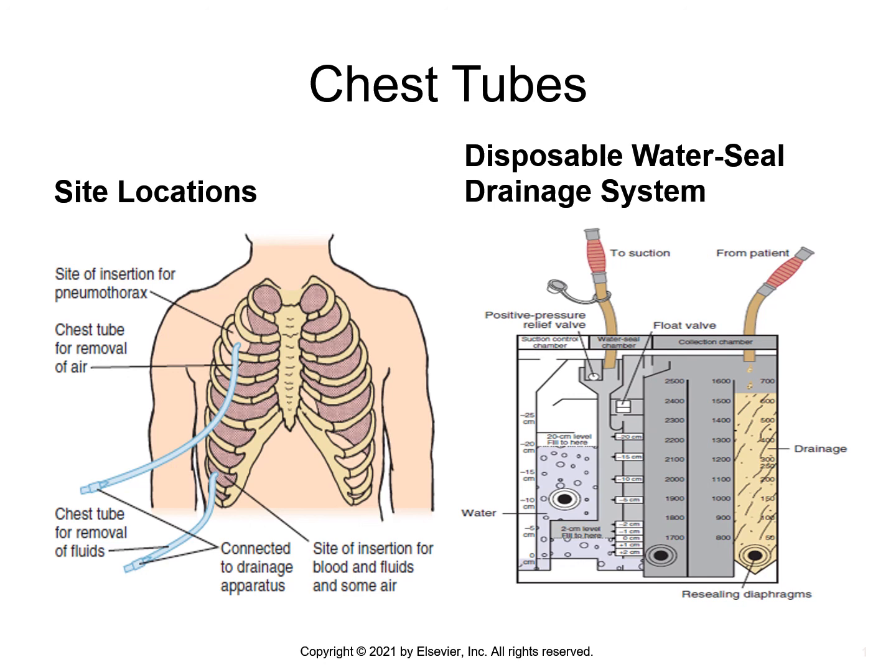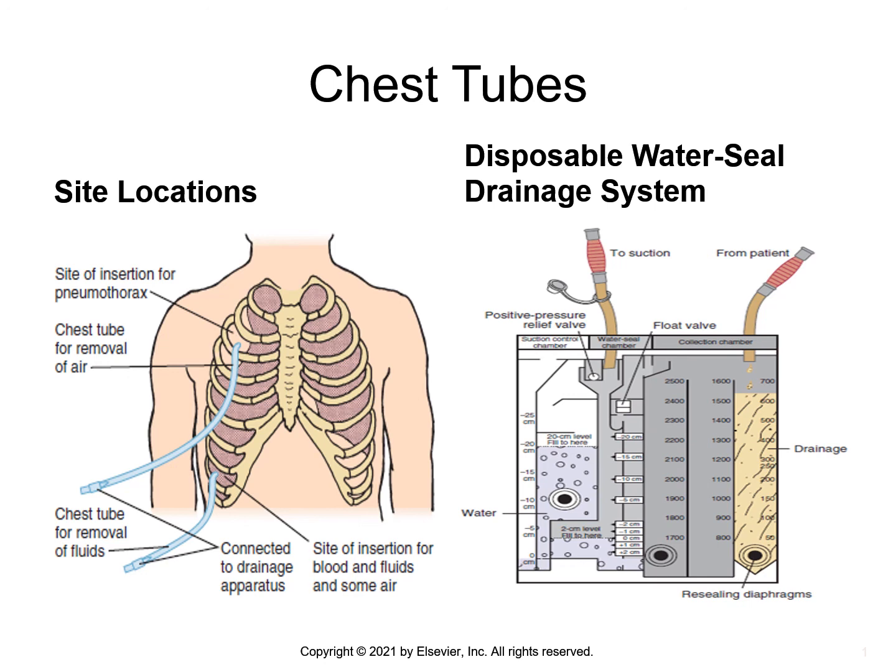When the unit is attached to wall suction, there will be bubbling in the compartment. The level of fluid determines the amount of suction applied to the chest. Increasing the wall suction will increase the bubbling, but does not change the degree of suction. Slow, gentle suction is adequate.